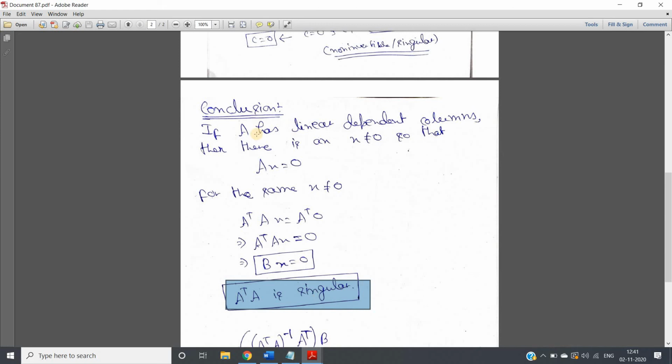So the conclusion we have achieved is, if A has linearly dependent columns, that means if perfect multicollinearity exists, that means if one particular independent column is a linear function of one or more other independent or input columns, then A transpose A is going to be singular.